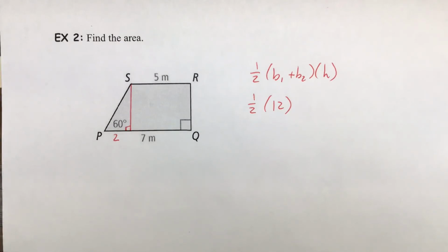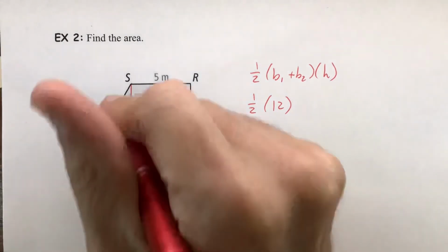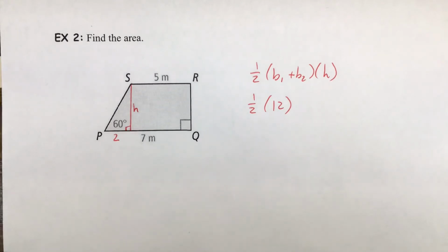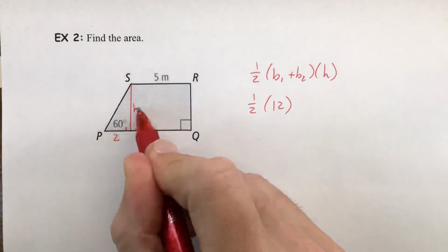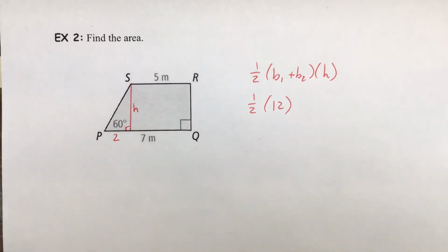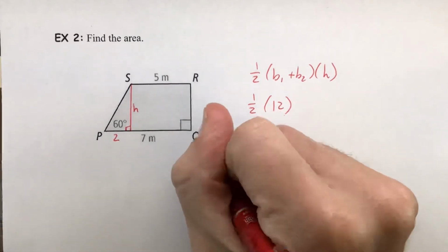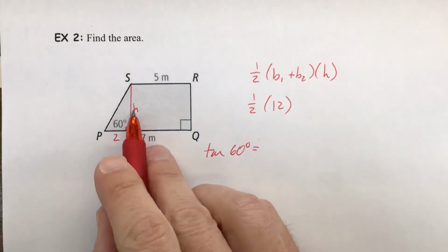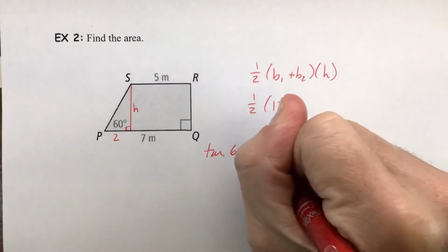So thinking about the right triangle, the height that we want, just call it H, is opposite of the 60 degrees. The value that we have, the 2, is adjacent to it. So that would be a tangent problem. The tangent of 60 degrees will be equal to the opposite divided by the adjacent, H divided by 2.